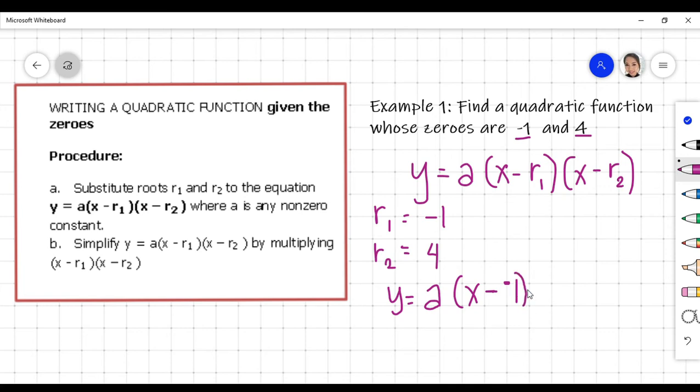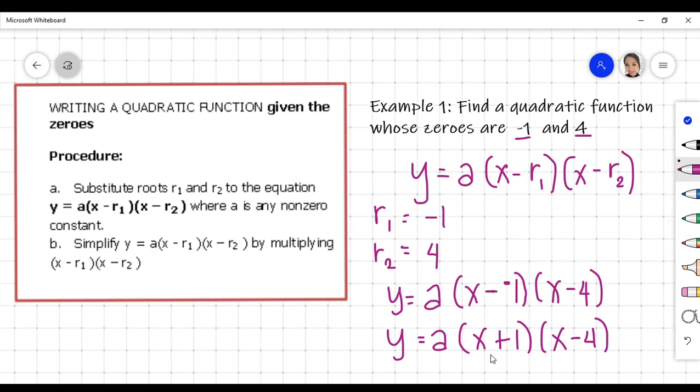So do not get confused. Times x minus r sub 2, which is 4. So simplifying that, y is equal to a times x. So negative times negative 1, that becomes positive 1, times x minus 4.